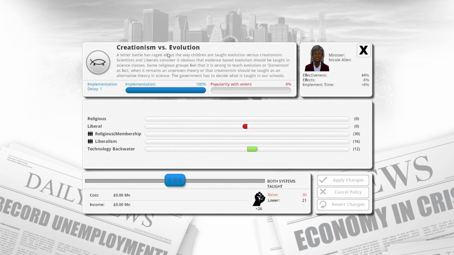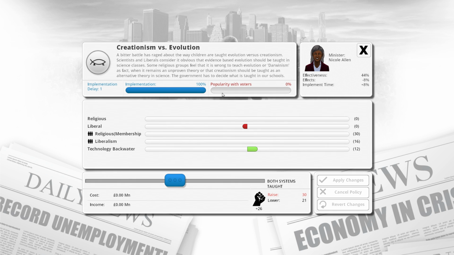Creationism versus evolution. This is a religious choice. The only thing I still don't understand is what this means in this situation.